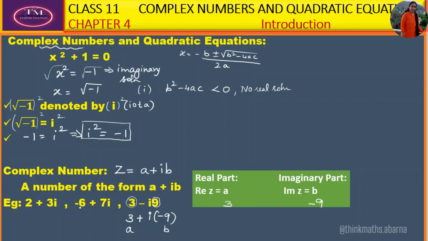Here this is a and this is b, so the real part of z is minus 6 and the imaginary part of z is 7. Here it is of the form a plus ib, so the real part of z is 2 and the imaginary part of z is 3. So to find the real part and imaginary part, you have to write it in the form a plus ib. Then a will be the real part and b will be the imaginary part. Clear? Let us move on to the next concept.